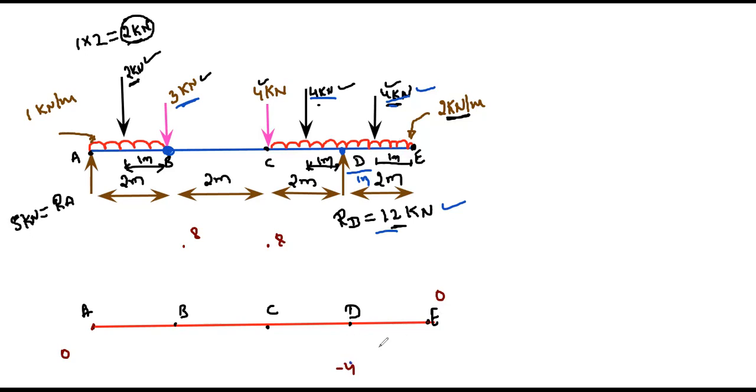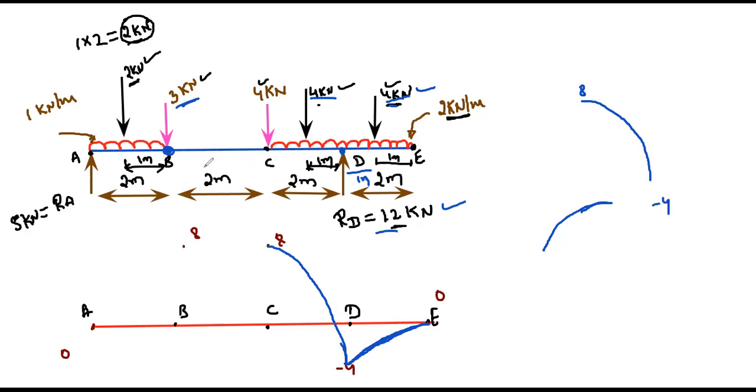So between D and E, I get a parabolic line like this. Between C and D, again I have a UDL, so I should get again a parabolic line like this, from 8 to minus 4.